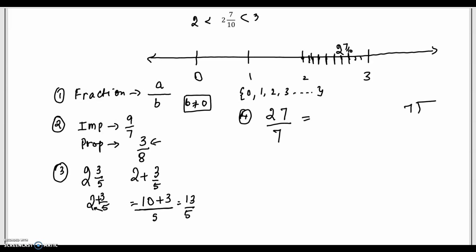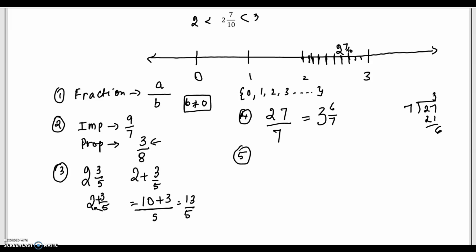So basically we divide 27 by 7. 7 4s are 28, but 7 3s are 21. 27 minus 21 is 6. The remainder is 6. So 7 goes 3 whole times into 27, leaving a remainder of 6. And that's how we get 3 and 6/7.